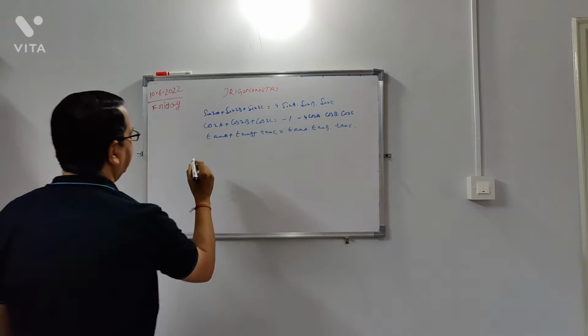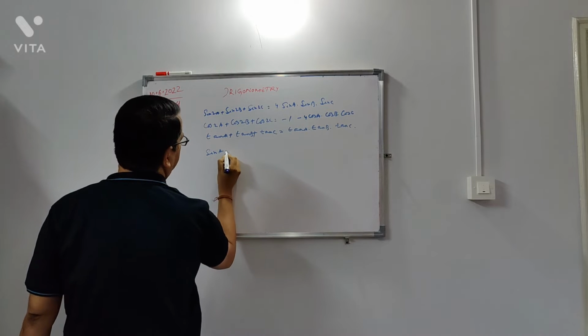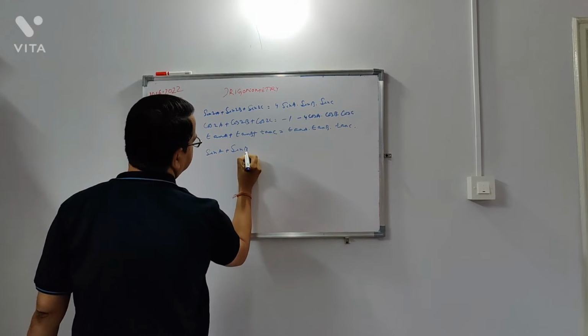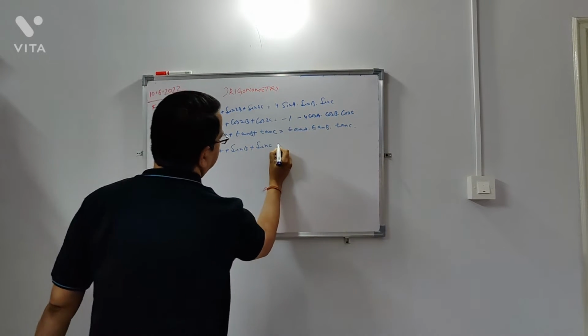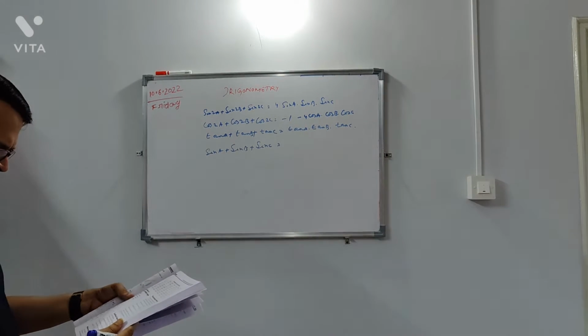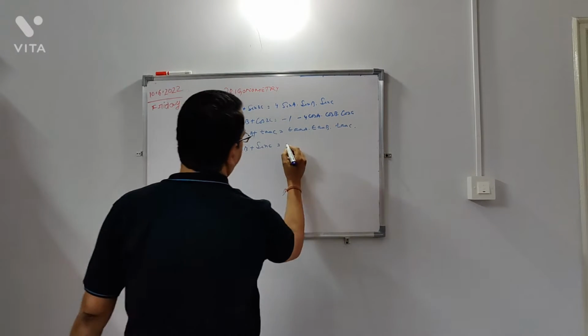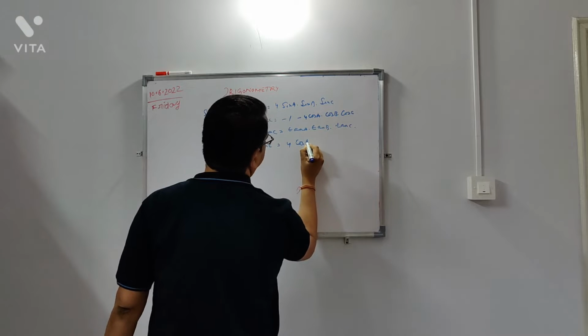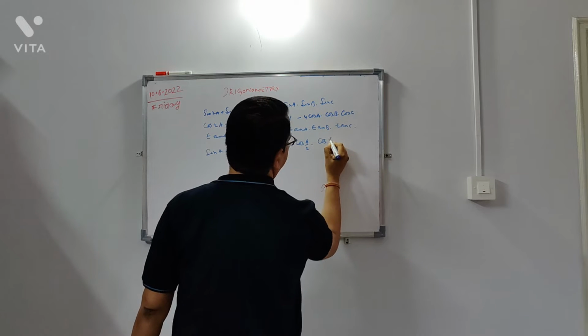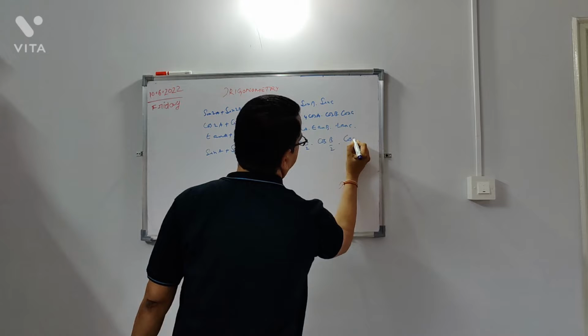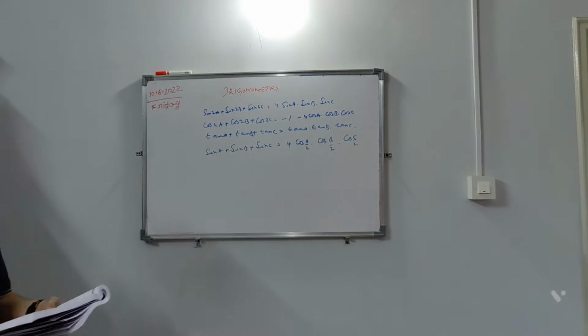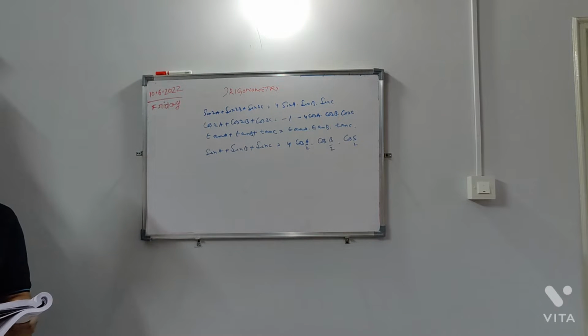And then sin A plus sin B plus sin C is equal to 4 cos A by 2, cos B by 2, cos C by 2. So these are some interesting formulas you need to remember.